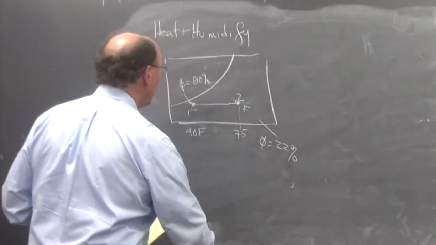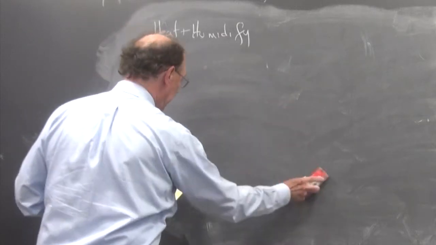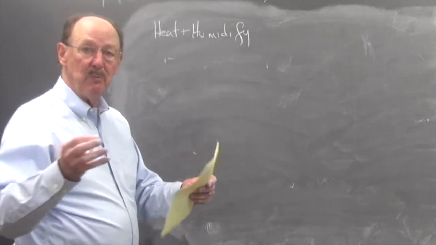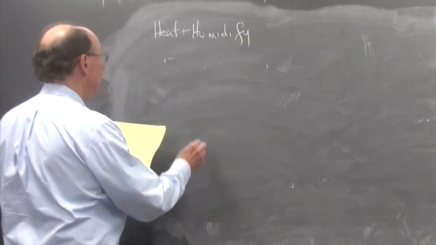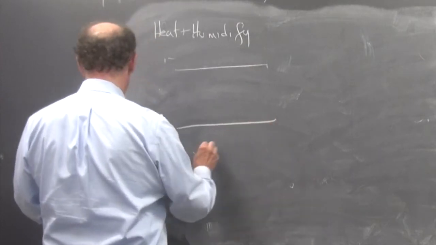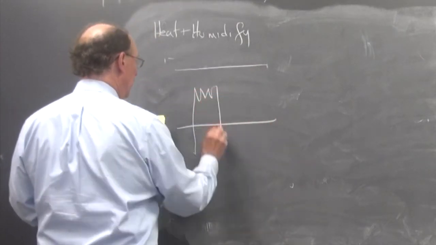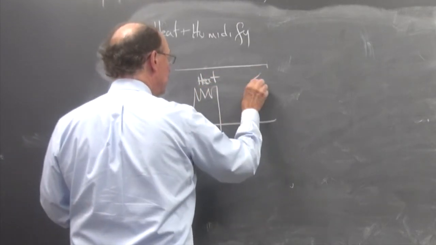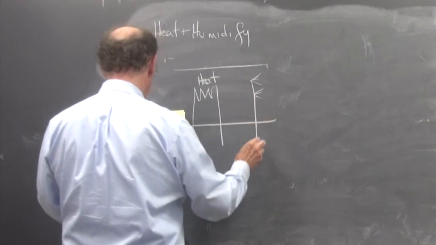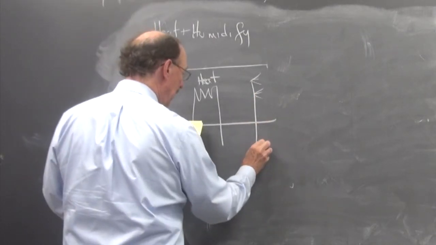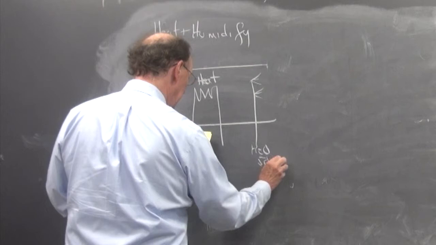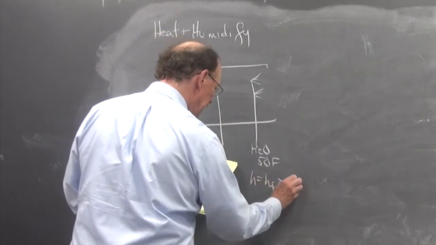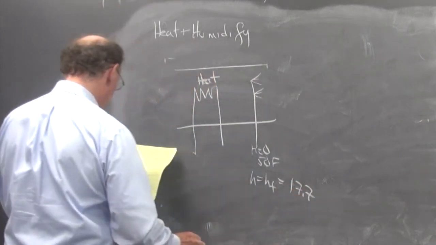So now let's set up an example problem where we do humidify, and we'll go through putting some numbers in so you see how this works. We're going to heat, and then we're going to humidify. We'll squirt some water in. And so we'll have H2O at 50 degrees Fahrenheit, and H is equal to H sub F is equal to 17.7 BTUs per pound mass.